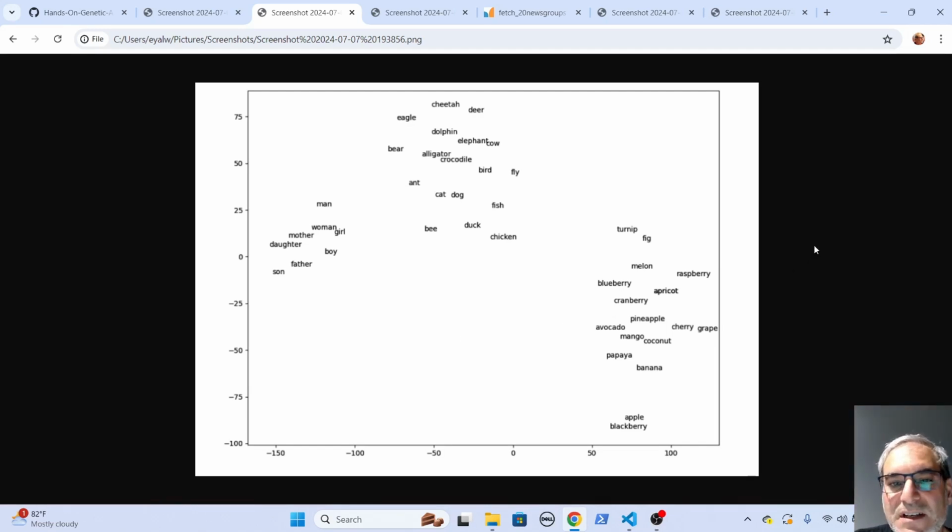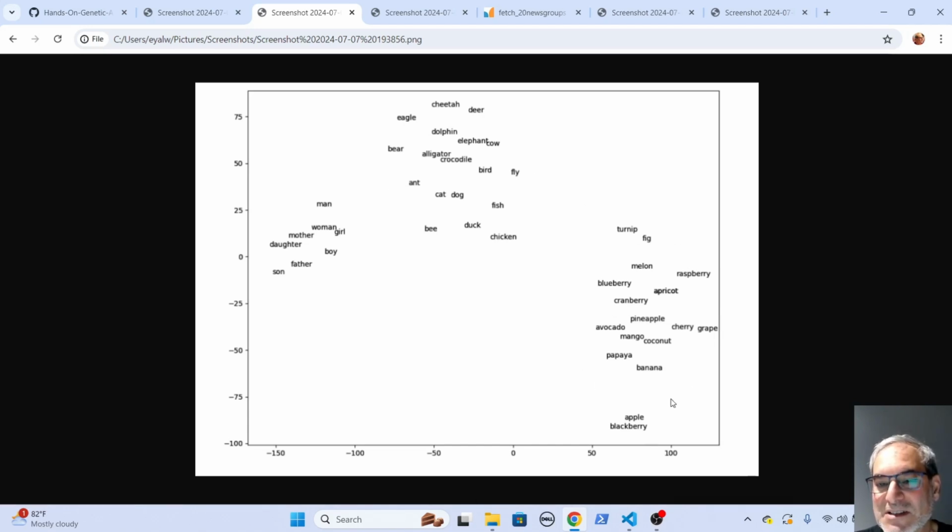So what we see here is a 2D projection of a particular set of embeddings, and this 2D projection is done using a technique called t-SNE. So this is a t-SNE chart of certain words where the embeddings, which are multidimensional vectors, were squashed into 2D, and you can see all kinds of interesting relations and grouping of the words.